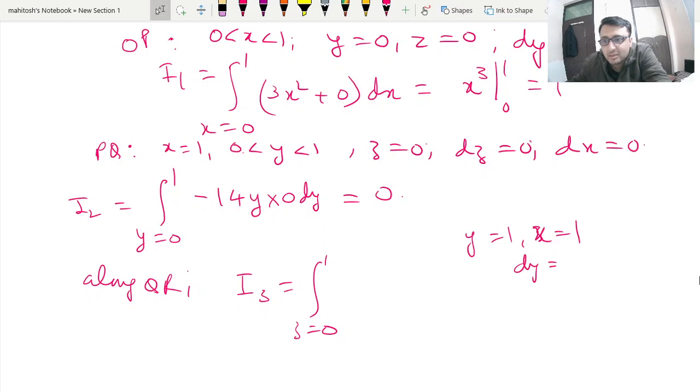So dy is equal to 0 and dx is equal to 0. So we are left with the last term 20xz square dz, and we can put the value of x, that is 1.